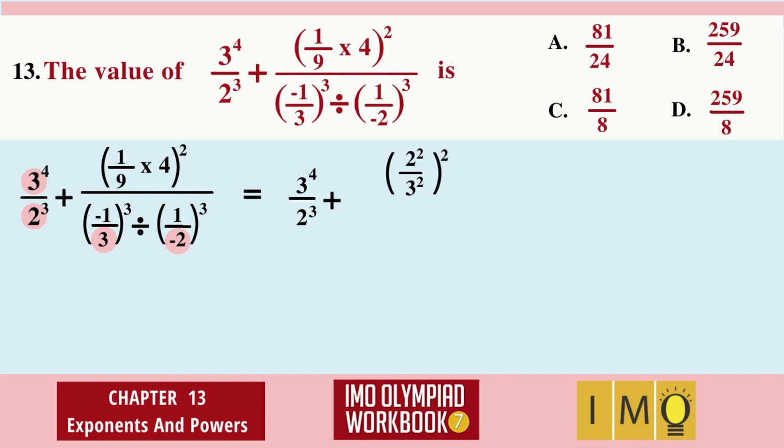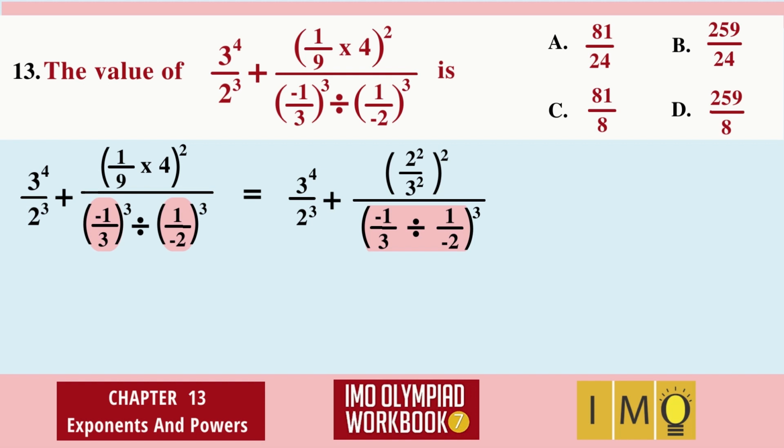Now let's check the denominator. Here, the base is different, but the exponent is the same. So, we group the base together. What we get is minus 1 by 3 divided by 1 by minus 2, the whole raised to 3.